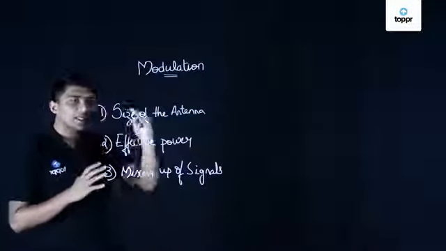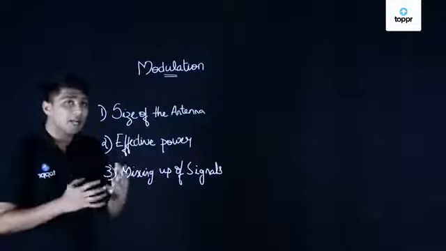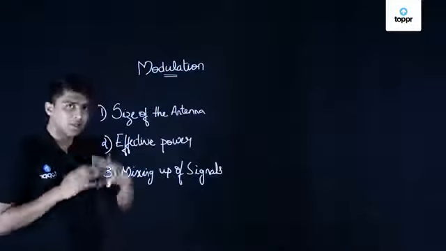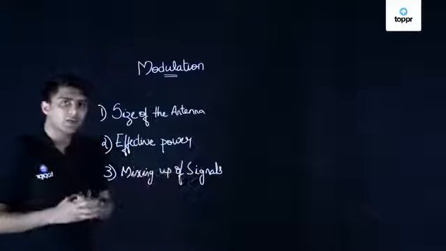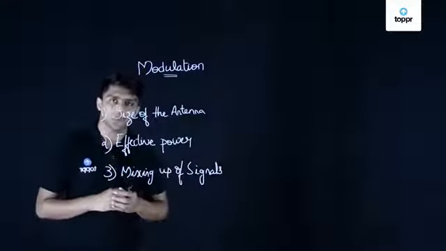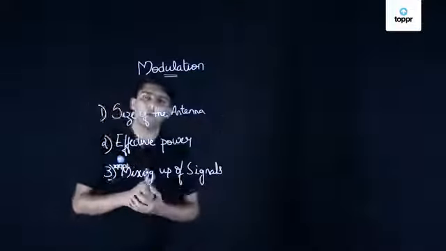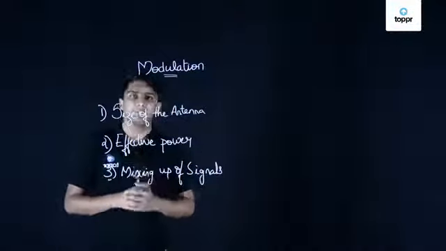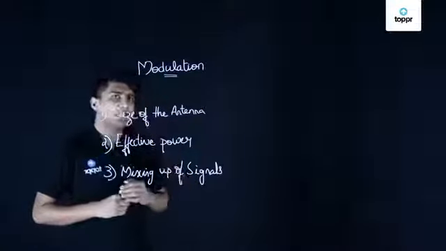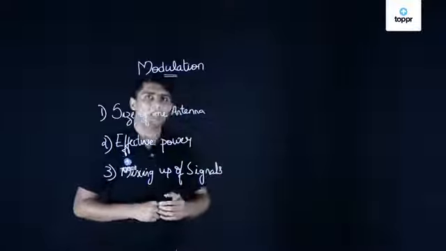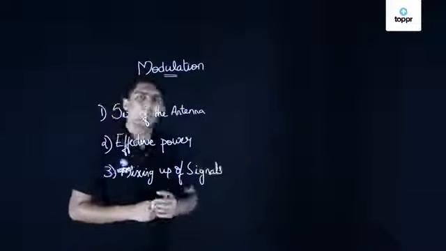So let's analyze each one of them and understand what can be done to correct these three factors to carry that signal to the receiver end without any dissipation. How will the size of the antenna affect the signal which we want to carry? Let's understand that first. We are going to see how the size of the antenna is affecting us when we want to carry a signal from one point to another.